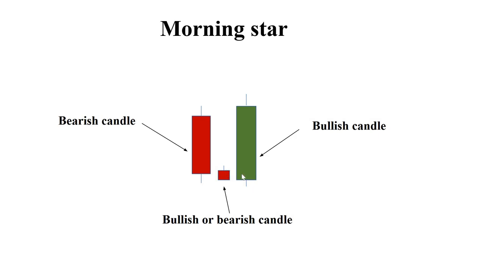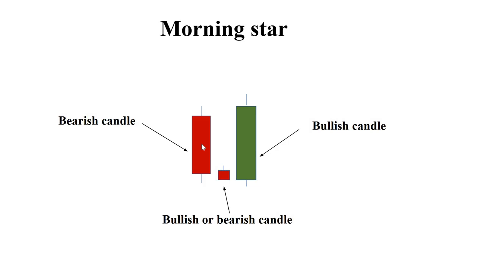Then the next candle that forms is a strong bullish candle, in which the close is above the middle candle, or sometimes it even closes above the open of the previous bearish candle.